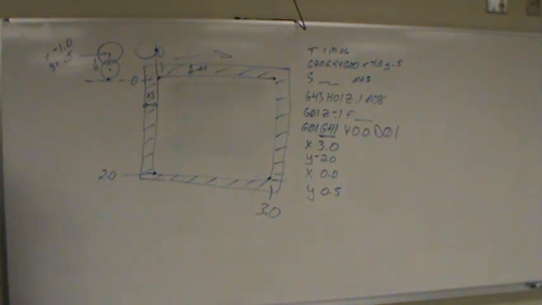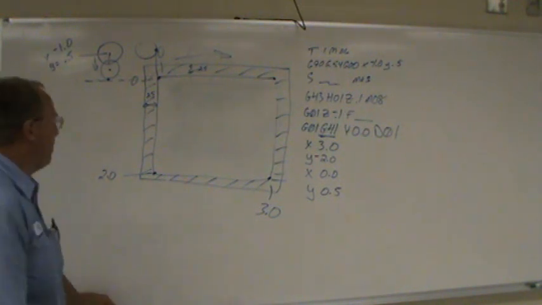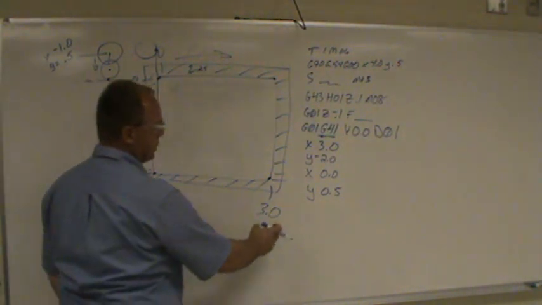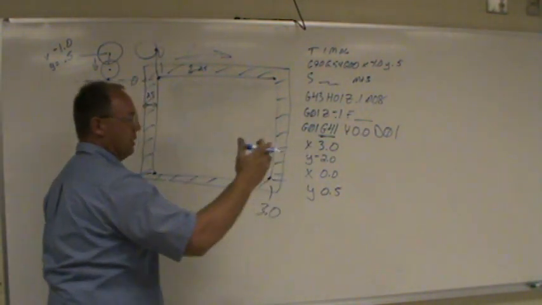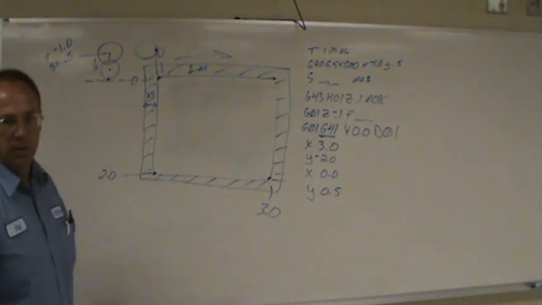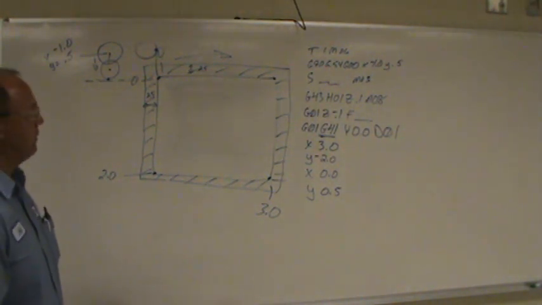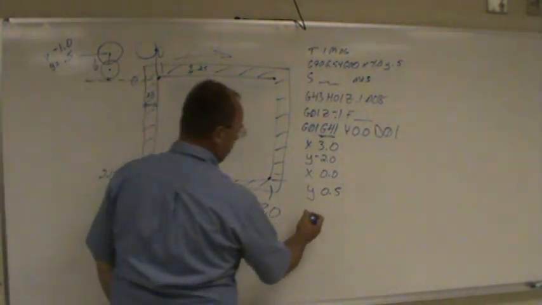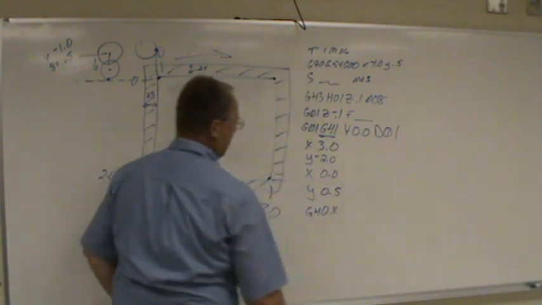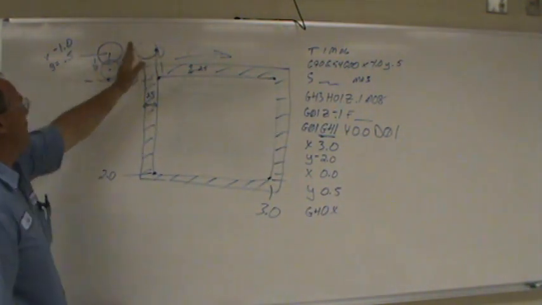Now every time you're done with a pass, you need to turn your cutter comp off. If you went right to G28 right here, your machine's going to alarm out saying you didn't use a cutter comp cancel. Cutter comp cancel is a G40. So from here, G40, and you have to cut off the line.